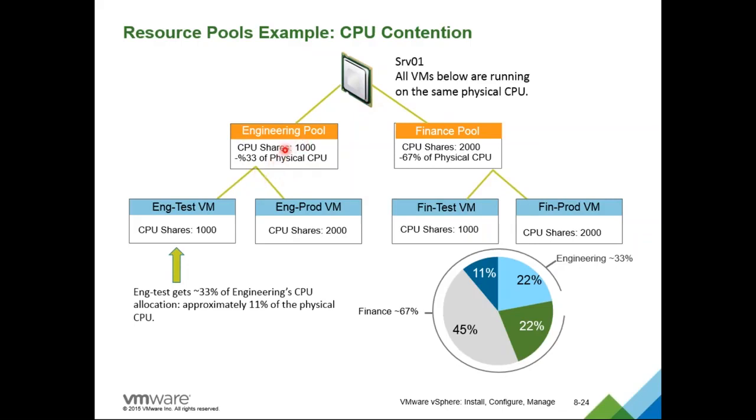If you take the engineering pool, I used 33% of physical CPU for these two VMs, test and prod. Whereas in the finance pool, I used 67% physical CPU for the test and prod VMs under finance. The same thing is elaborated here.